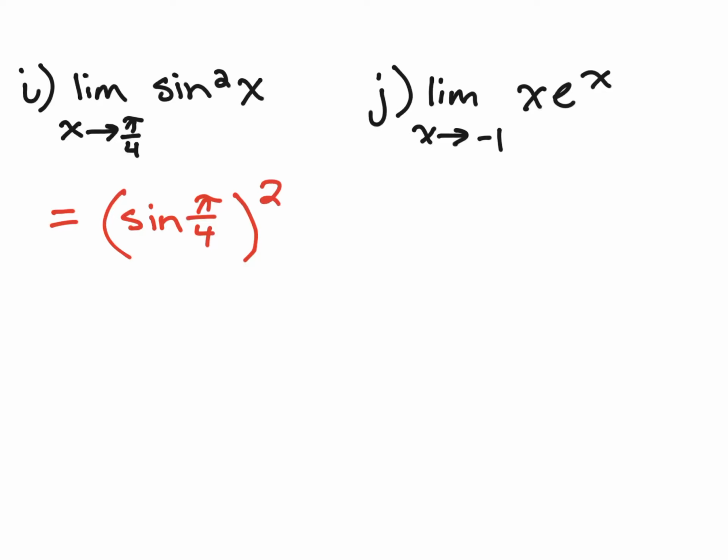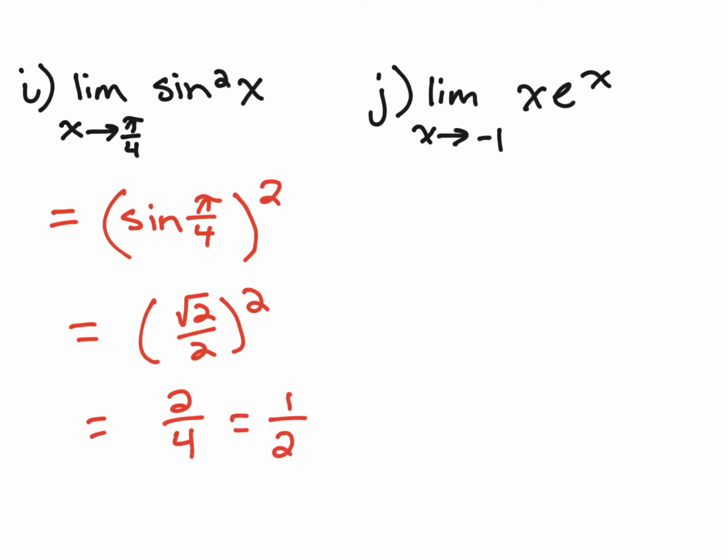I've done the direct substitution. What is sine of pi over 4? It is root 2 over 2. When we square that, what do we get? 2 over 4, which is 1/2.